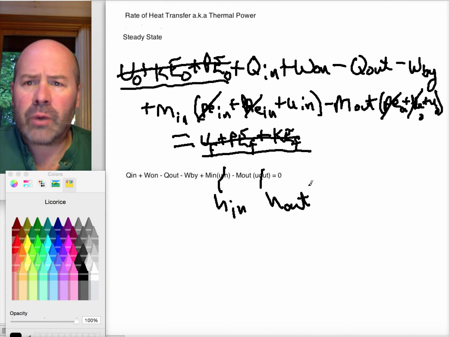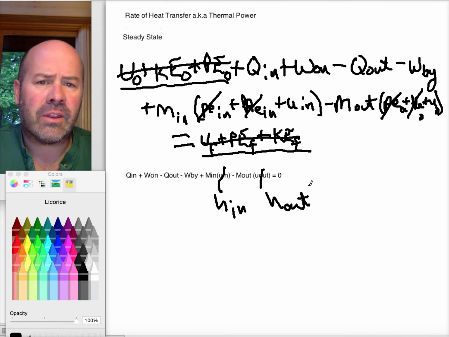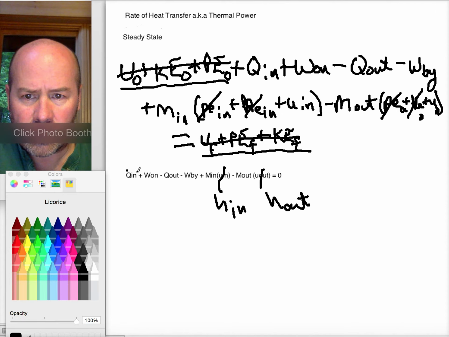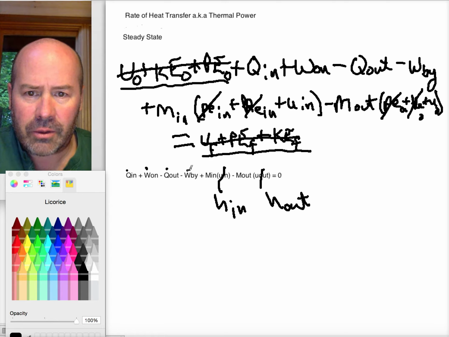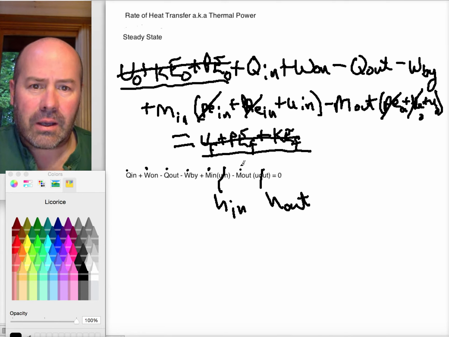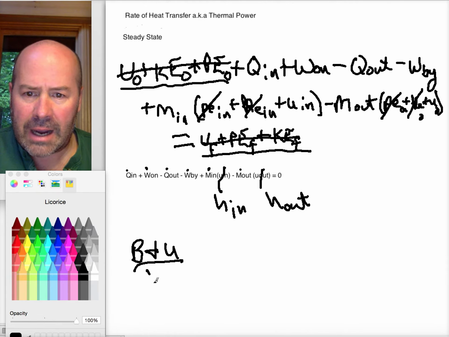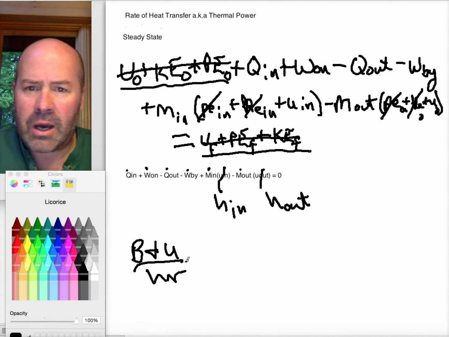Well, if we're going to go to rate of heat transfer, we're going to take everything here and divide it by time. If we divide it by time, all we do is put a dot above the Q's, the W's, and the mass. So divided by time, it would be Q dot in BTUs per hour, and W dot in BTUs per hour.